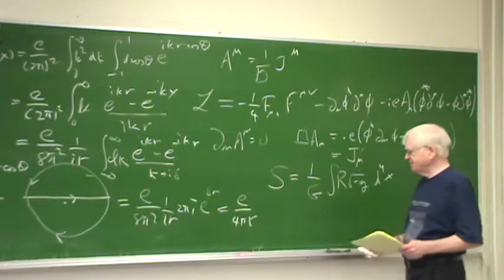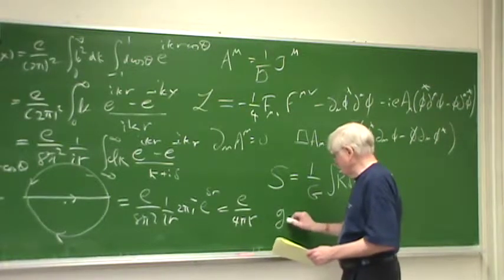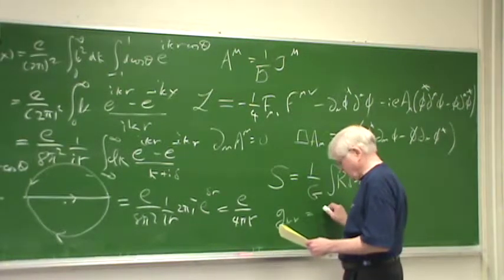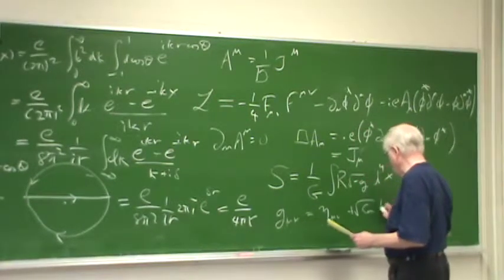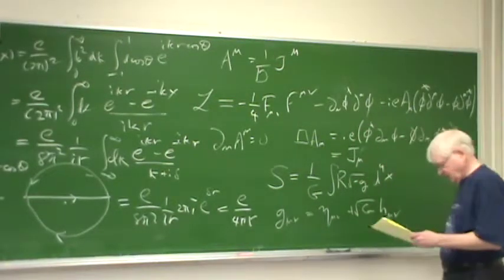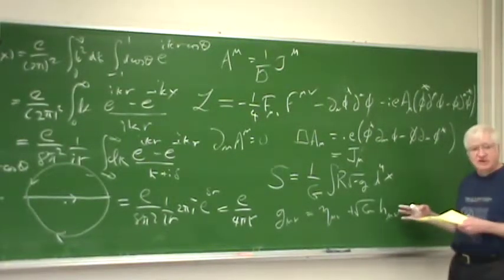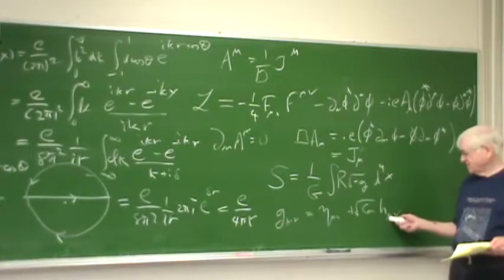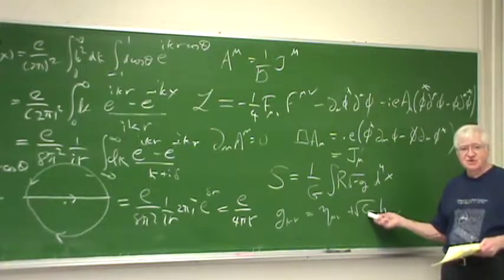And so what people do who want to do this thing perturbatively is they say, well, let's let g mu nu equal eta mu nu plus square root of G h mu nu. And then if you look at the equations, G is very small because gravity is weak unless you're near a planet.